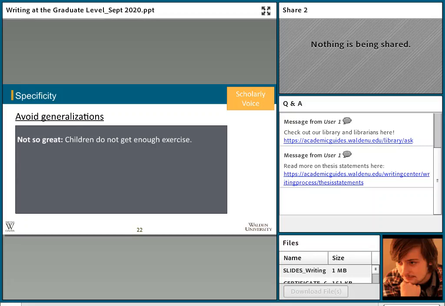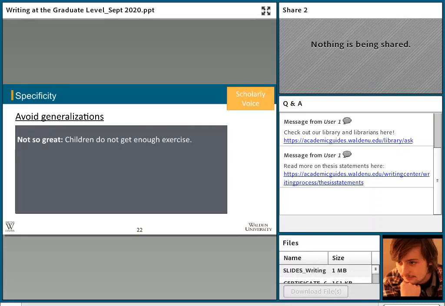Being specific, right? This is another attribute of scholarly voice. Part of being specific is avoiding generalizations and speaking in generalities. So here's an example of a generality. "Children do not get enough exercise." Although this is directly stated, which is good from our previous point, this is a generalization because, plainly put, some children do get enough exercise, right?